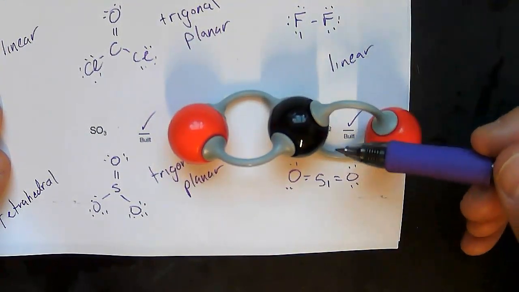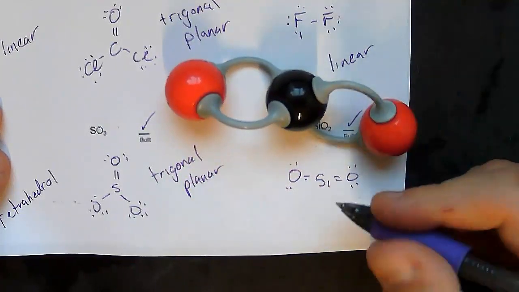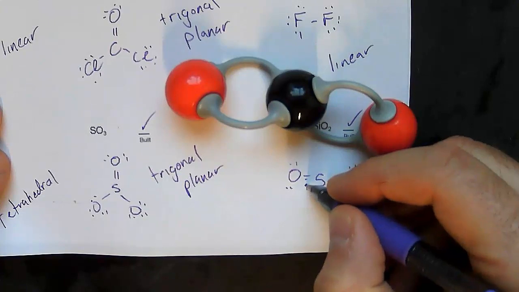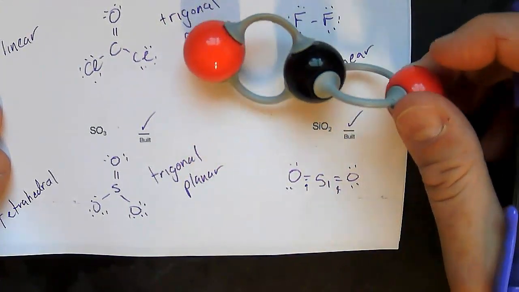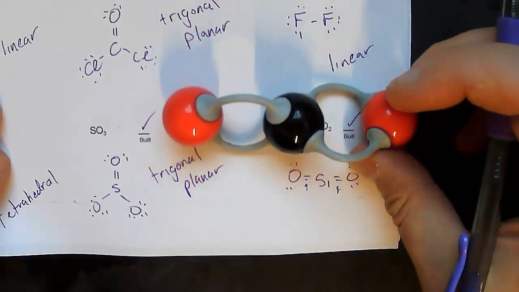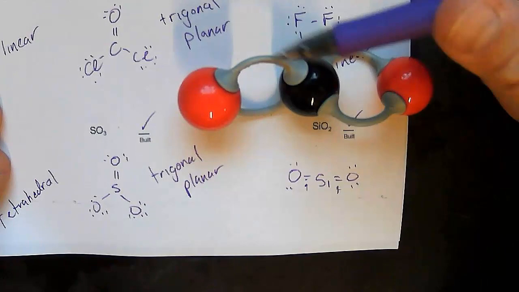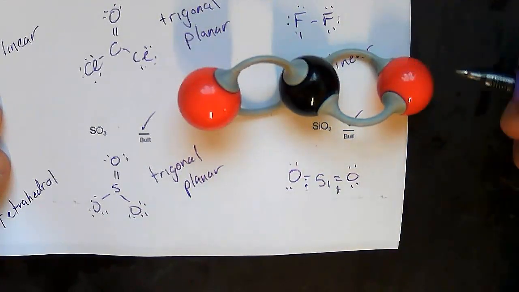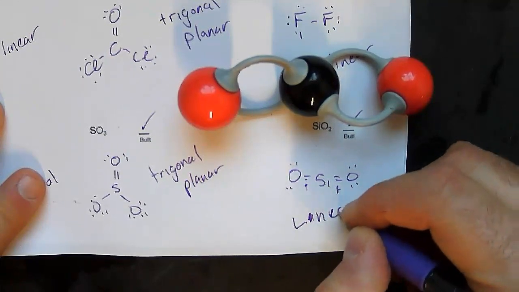And so you have a double bond here between the O, a double bond here between this O, and you count that as just one place where electrons are for the geometry of this thing. So you can see these 3 atoms are all lined up. So we're going to call this linear.